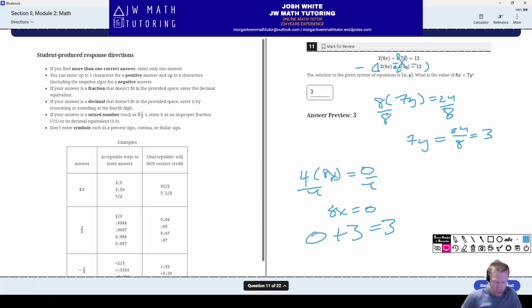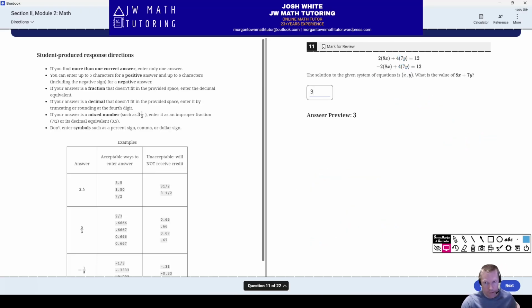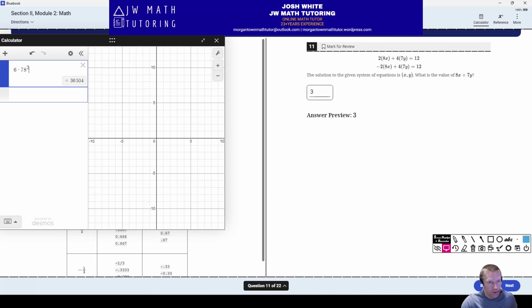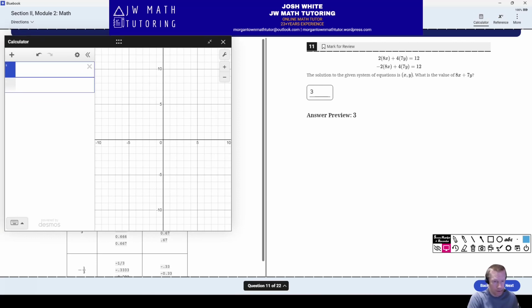Now, if you want to do this in Desmos, there's one thing you have to be careful about. So let's say your natural inclination would be, okay, I'm going to graph these.